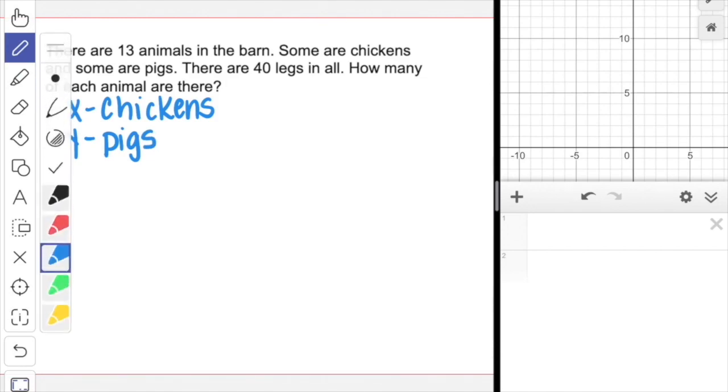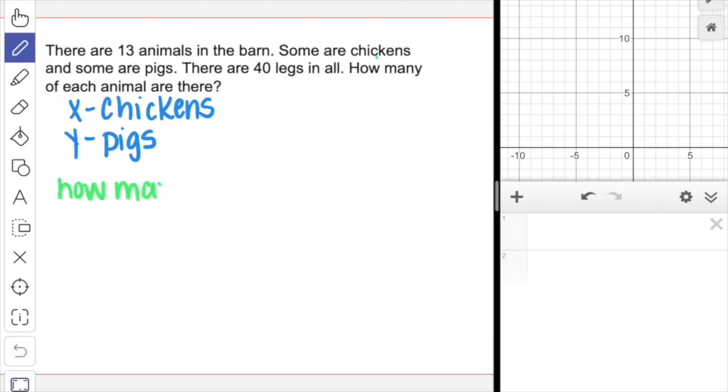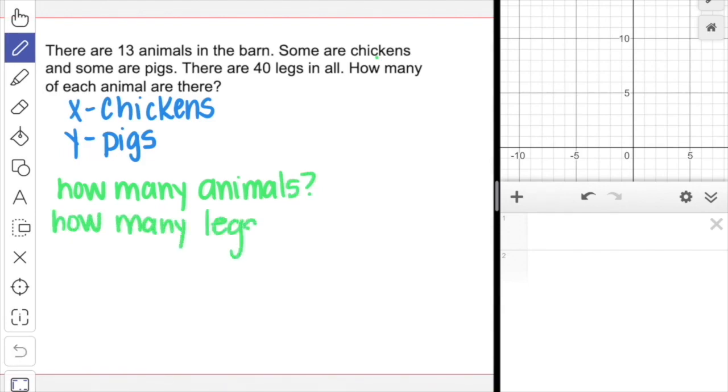Now, out of those two things, we're going to write two equations. The two equations that we're going to write are going to represent how many animals, and then the other equation that we're going to write is how many legs. Okay? So we're going to completely write two different equations here in reference to the number of animals and the number of legs.